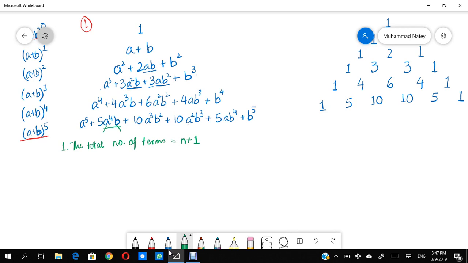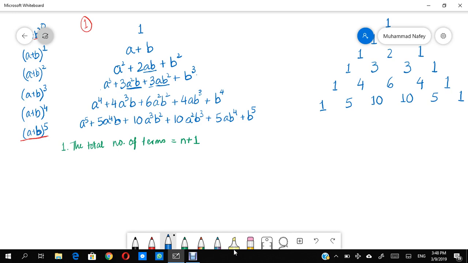Likewise, we have some a here, we have some b here. This means that in the middle terms, we have both a and b, but in the extreme terms, the terms at the extreme ends, we have any one of the two terms of the binomial.